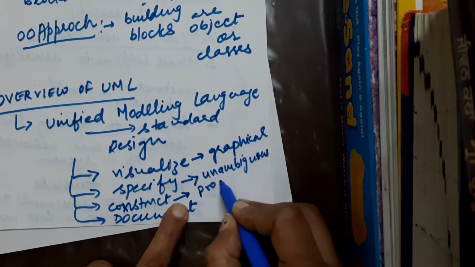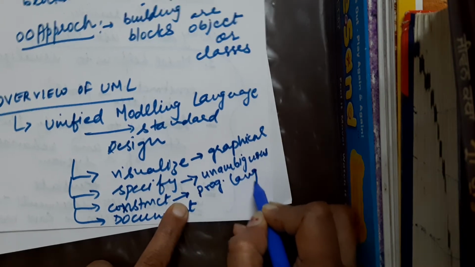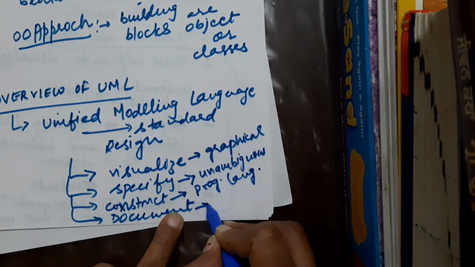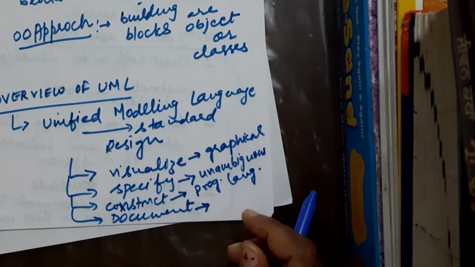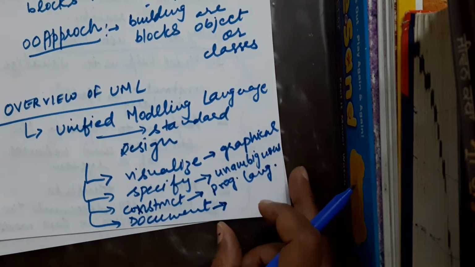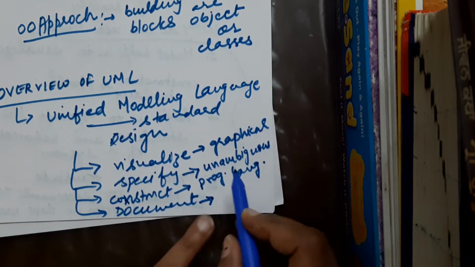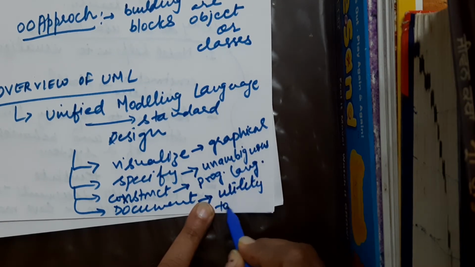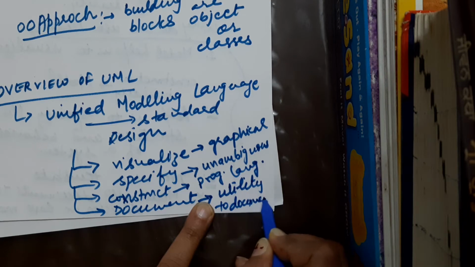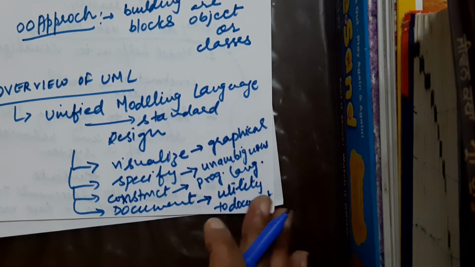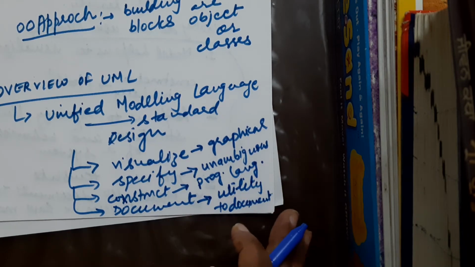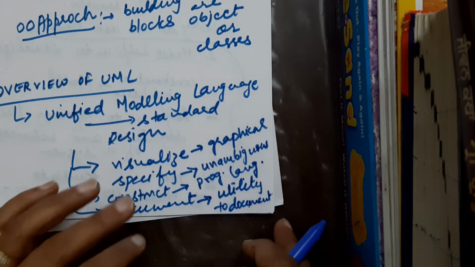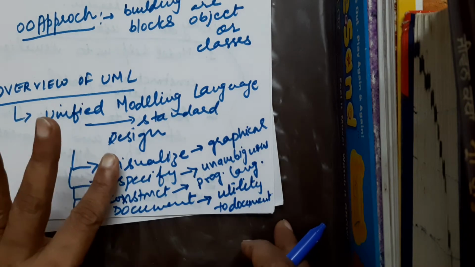Using programming languages, we can construct, we can develop the software. And how does it help in documentation? It provides us the utility to document all the artifacts like design, the requirements, the prototypes, the plans, and the source code. All of it we can store in one file using UML.